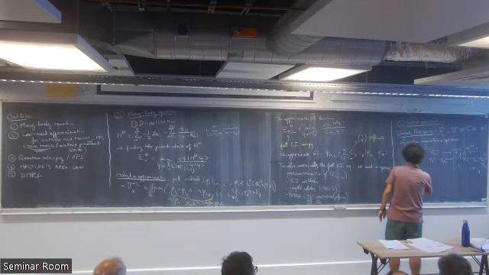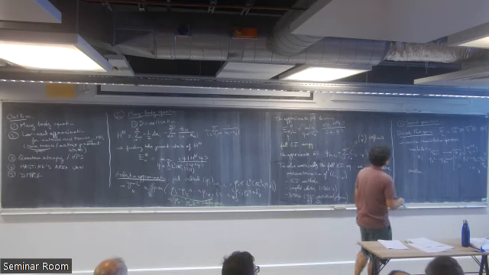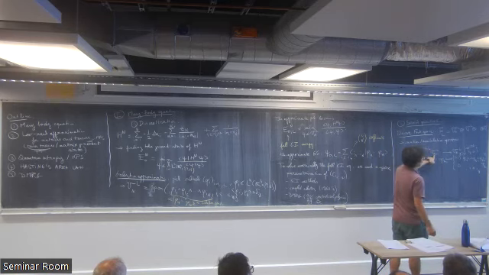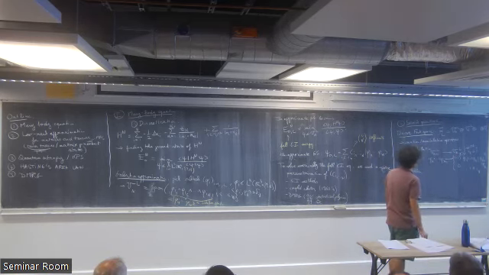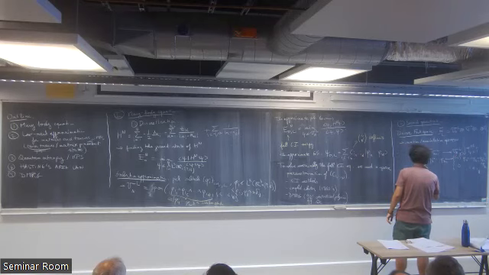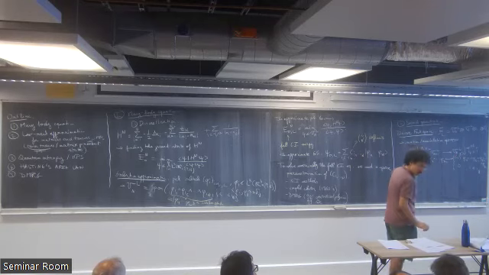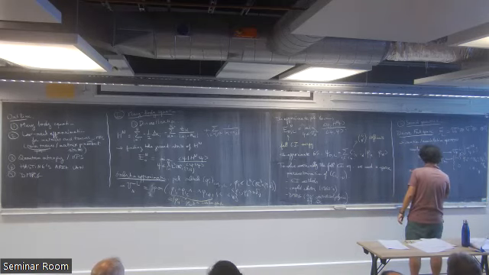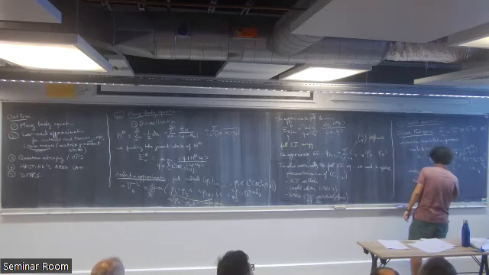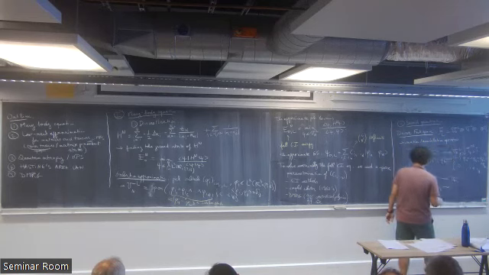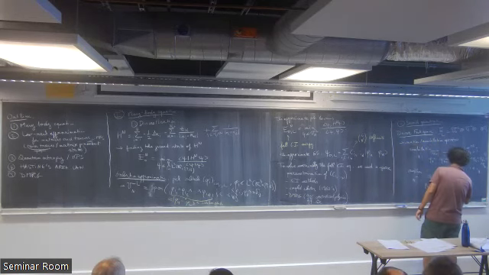And for the creation, it's kind of the same thing, but in reverse. Instead of going from the k+1 to the k particle space, you go the other way. So you create a particle, and you can create a particle only if it's not occupied.